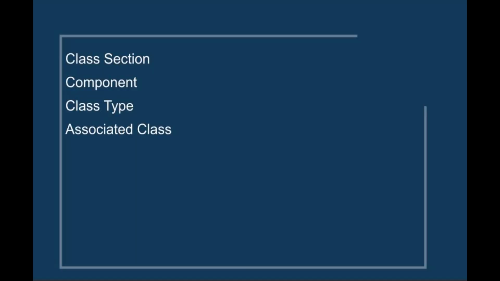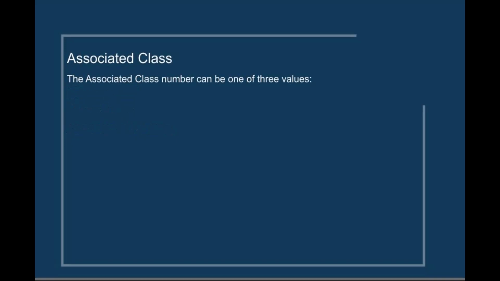When scheduling multiple components, it's important to pay attention to the following fields: class section, component, class type, and associated class. The associated class field contains a number that connects the sections of a course into a single enrollment option. The associated class number can be one of three values.